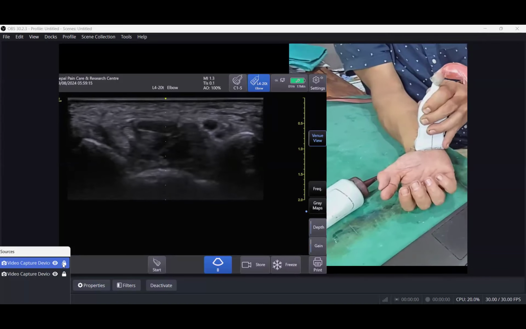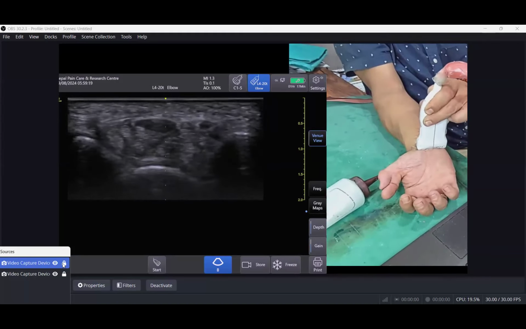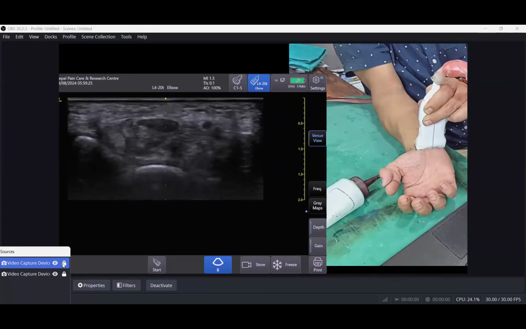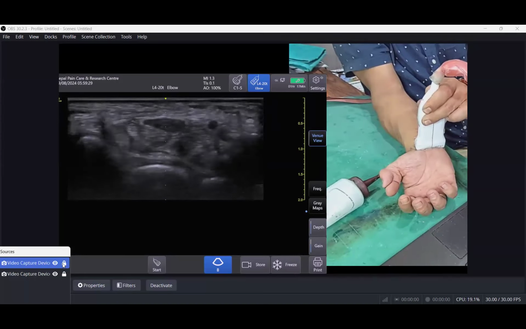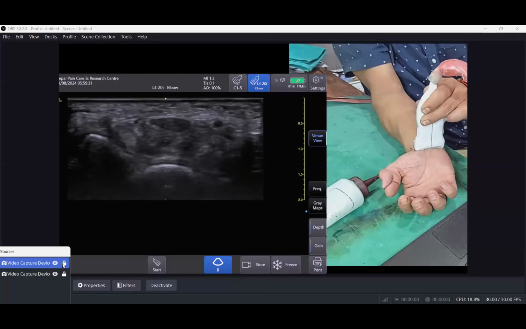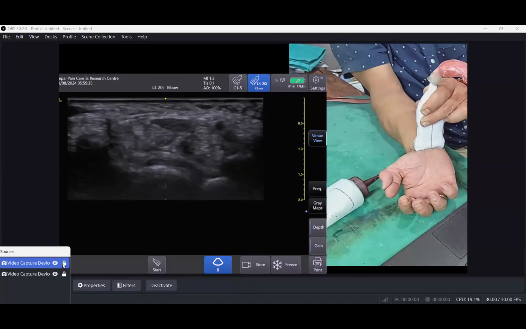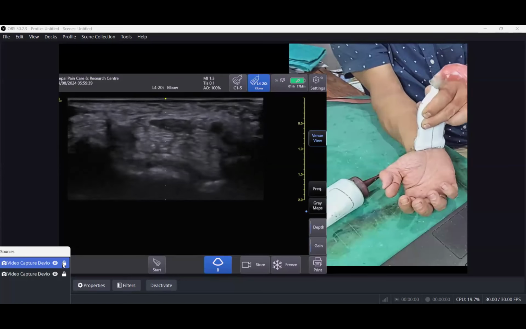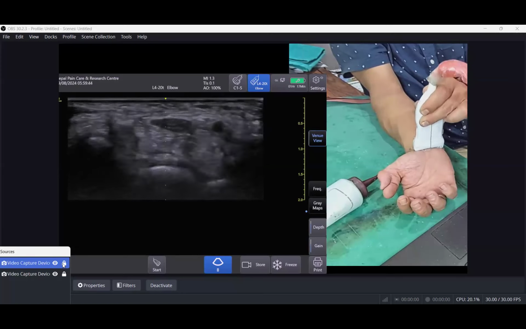This one is the carpal tunnel median nerve in the proximal carpal tunnel with the pisiform and scaphoid. The left side of the screen is the scaphoid, and the right side hypoechoic structure is the pisiform. The black structure that you can see in the center is the median nerve. How do you differentiate? Just toggle your probe cranially and caudally.